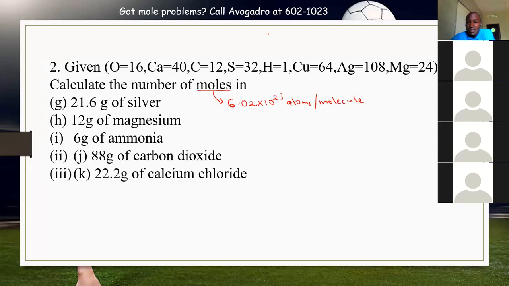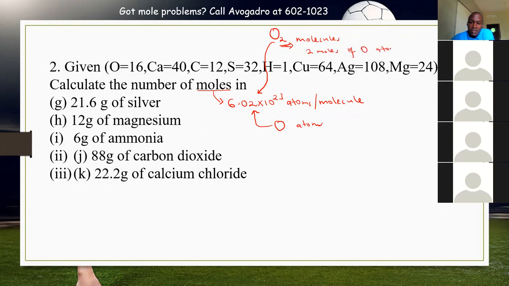For example, 1 mole of oxygen gas contains 6.02 times 10 to the power 23 oxygen molecules. However, 1 mole of oxygen atoms will also contain this number of atoms. So I'm right to say if I have 1 mole of oxygen molecules, I actually have 2 moles of oxygen atoms.